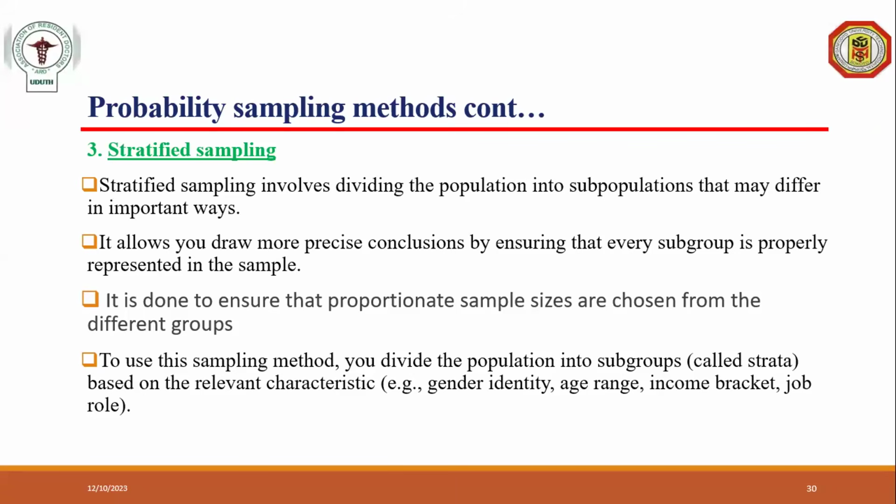Then you go to nurses. You can also apply either simple random sampling or systematic sampling to select your 50 nurses. You go to lab scientists. You apply either simple random sampling or systematic sampling technique to select your lab scientists. You go to pharmacy and do the same thing. So that is how you go ahead and do the stratified sampling technique.